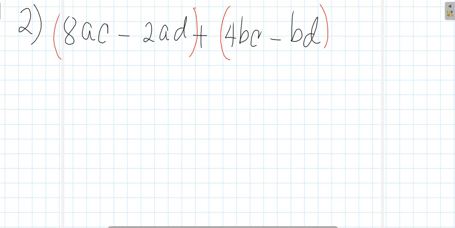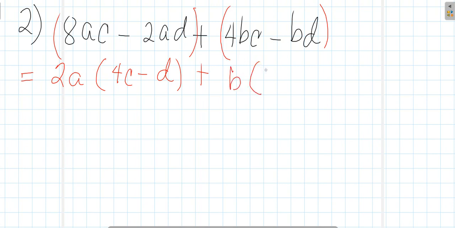So here, you're going to get, using common monomial, the GCF is equal to 2a, then divide. 8 divided by 2 is 4c minus d, plus the common factor is b. Then divide. So this is 4c minus d.